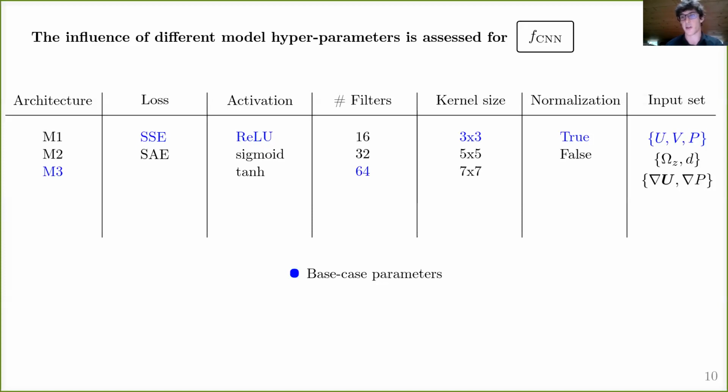We also tested different inputs, such as the ones that you see here, to see whether providing a potentially closer answer as input for the spanwise fluctuating terms would be beneficial to the neural network. To test each of these parameters, we fix the other ones in what we call the base case parameters, here in blue, and just assess the performance of these different metrics.